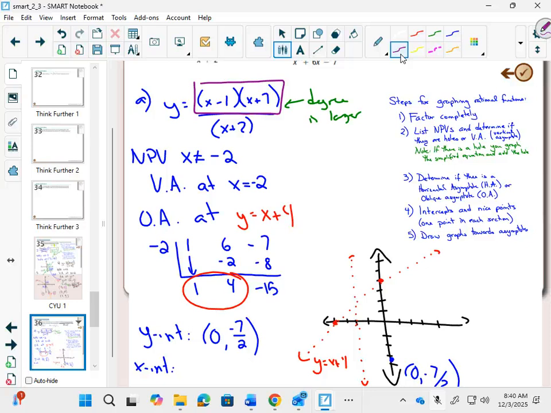And since it's already factored, I can very quickly label 1 comma 0 and negative 7 comma 0. So I can label those points on there. 1 comma 0.